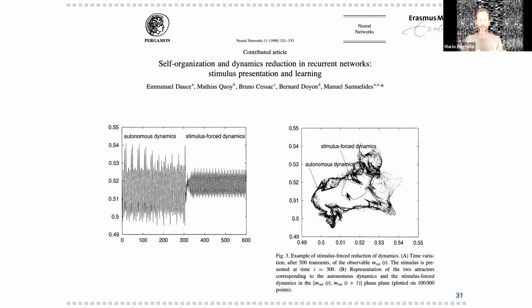The main point here to take home is that a random recurrent neural network will have its own activity patterns that it likes to generate. And if you give it an input and you coerce it to a certain input, it's going to only explore a certain subspace of that entire space of the network.